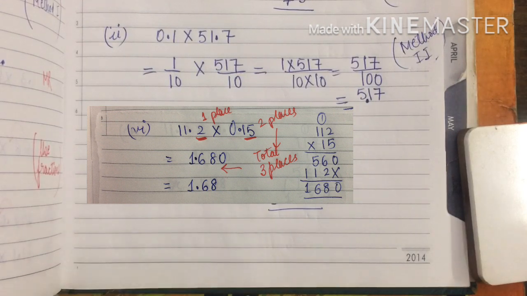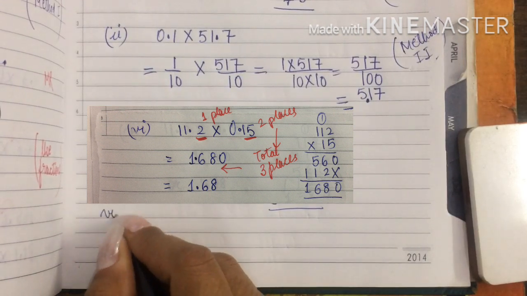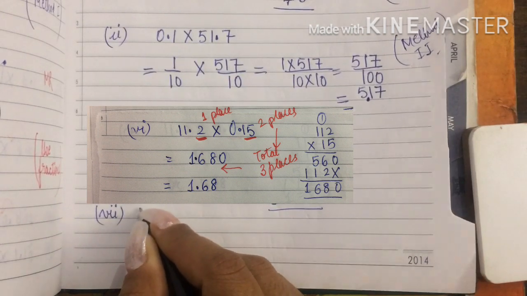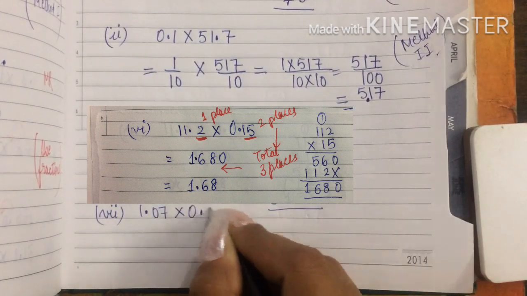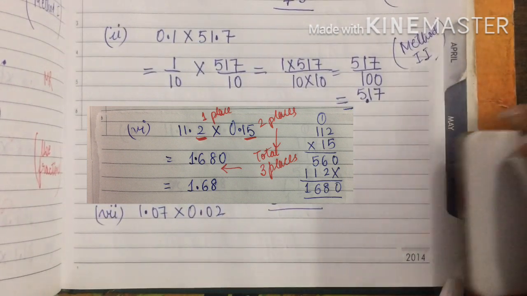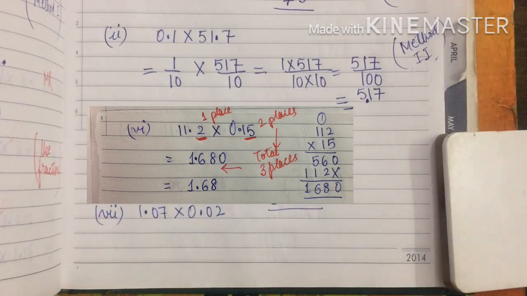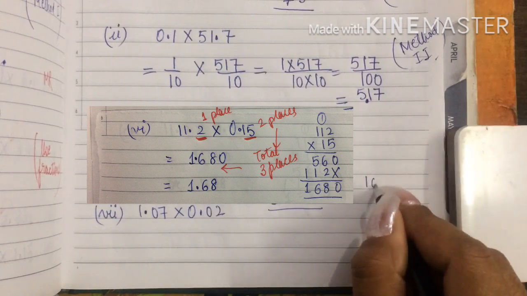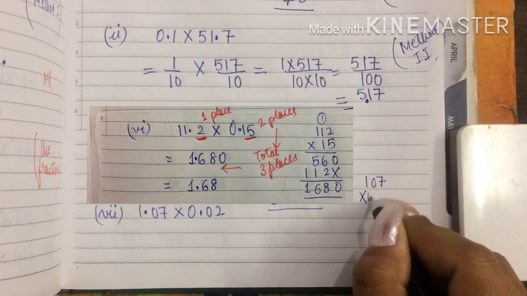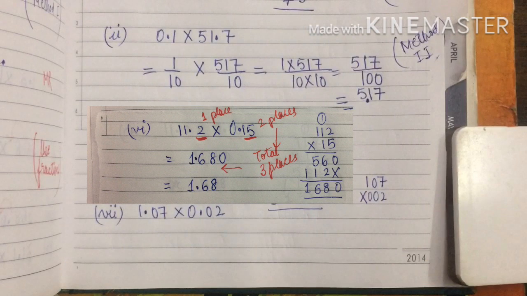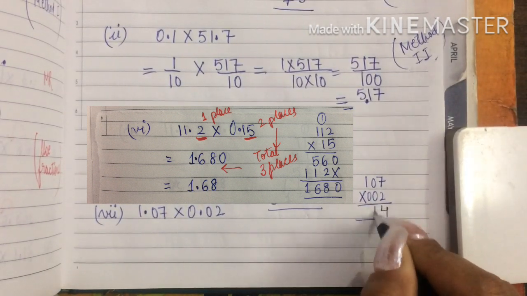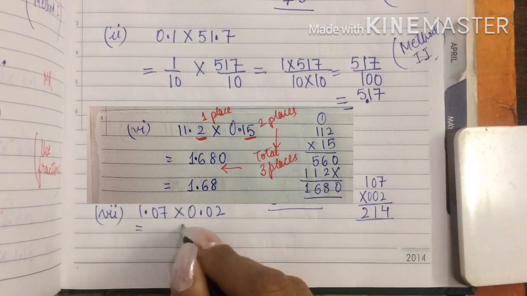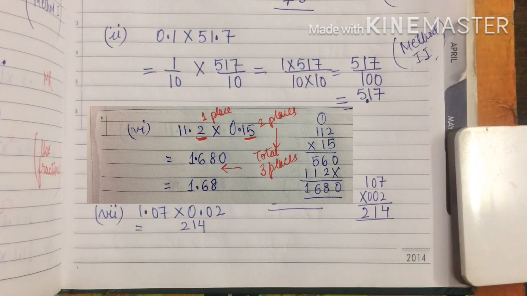Let's do the seventh part. We have 1.07 multiplied by 0.02. So this will be 107 multiplied by 002. 002 is just 2. So just multiply with 2. This comes out to be 214. Now it's time to put the point back.